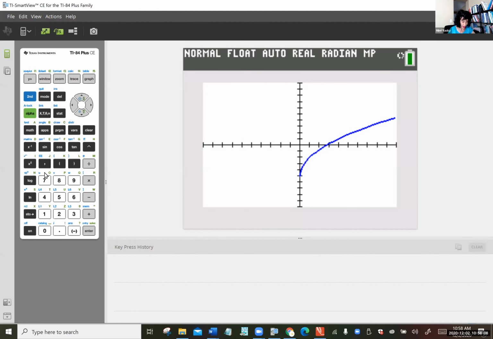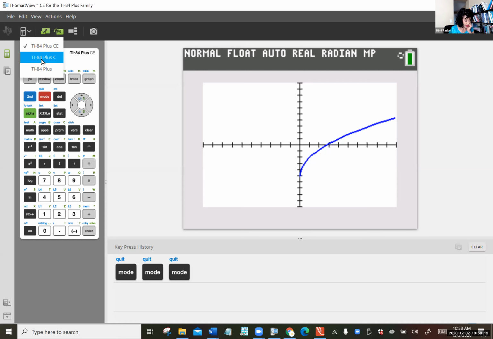Wow. The last time I was trying to use this, I got stuck in a mode. Yeah, it's not working. This is so weird. It's almost like it's hosed, like I'm stuck.